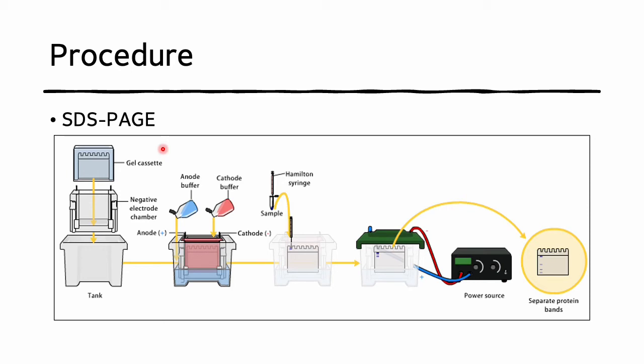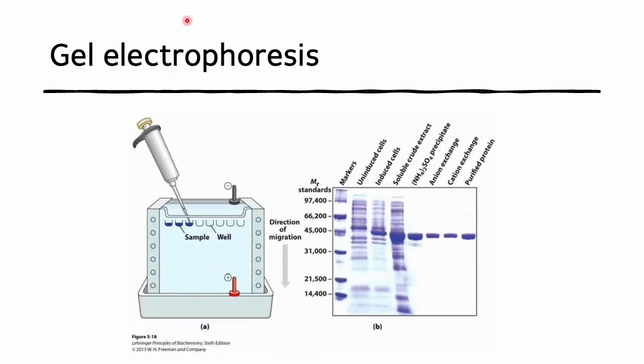But moreover, in general, is one kind of gel electrophoresis. And what gel electrophoresis is, this is the sample I talked about. With the protein sample, you make a loading sample.